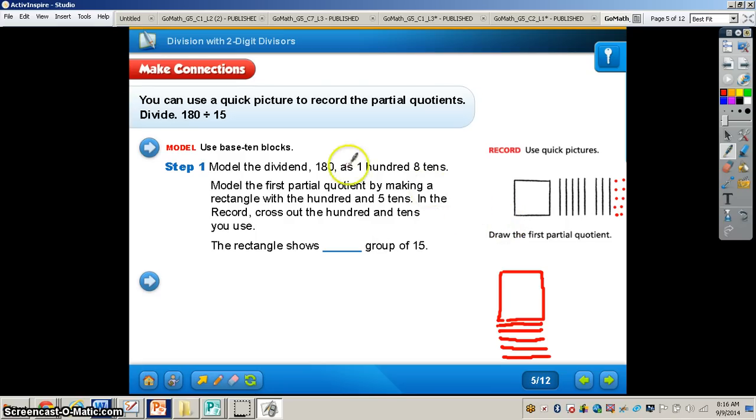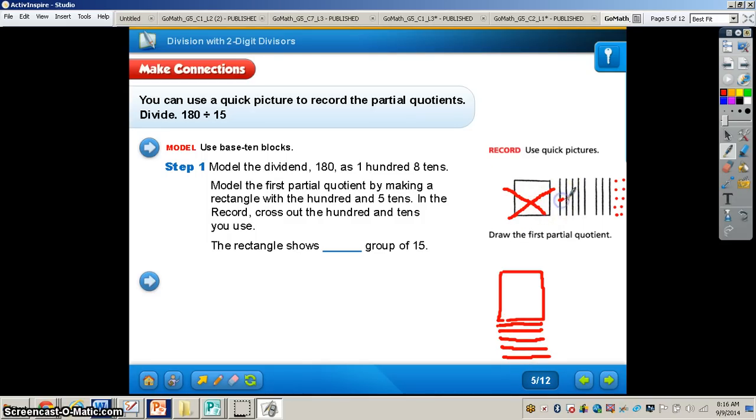It says model the first partial quotient by making a rectangle with the 100 and 5 tens, and then record, cross out the 100 and tens that you use. So we can see there's my 100, here's my tens, 1, 2, 3, 4, 5. So we'll cross this out.